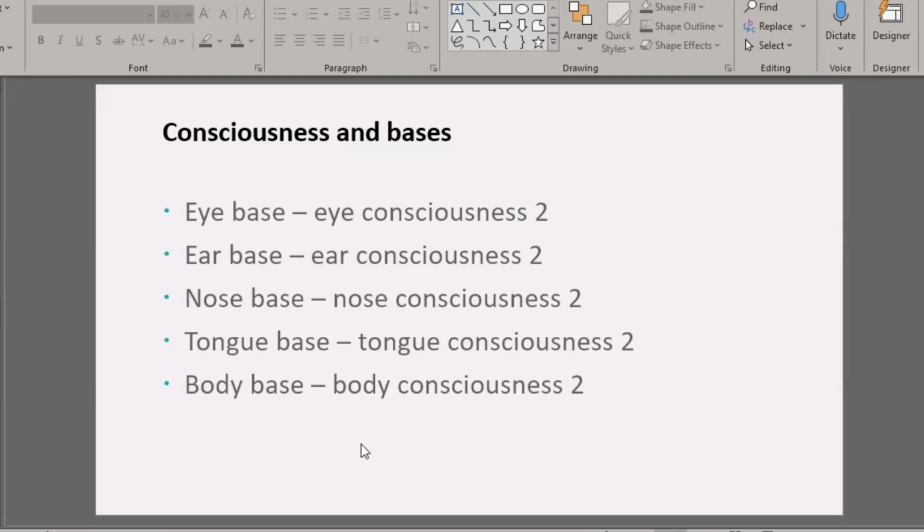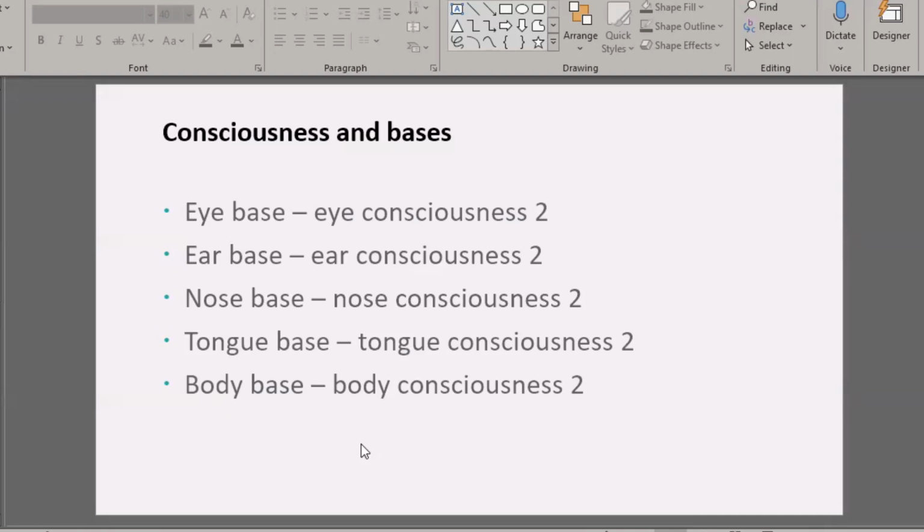2 tongue consciousness are based on tongue base, and 2 body consciousness are based on body base. These are the overall explanation. There are some special cases, for example, a person born blind or born deaf. A person born blind does not have eye base. Therefore, the 2 eye consciousness do not arise in those born blind.